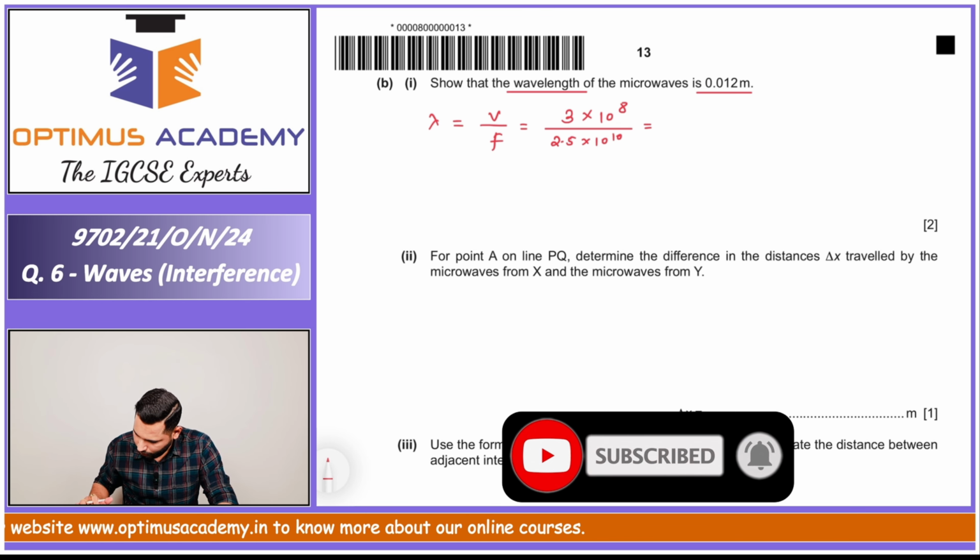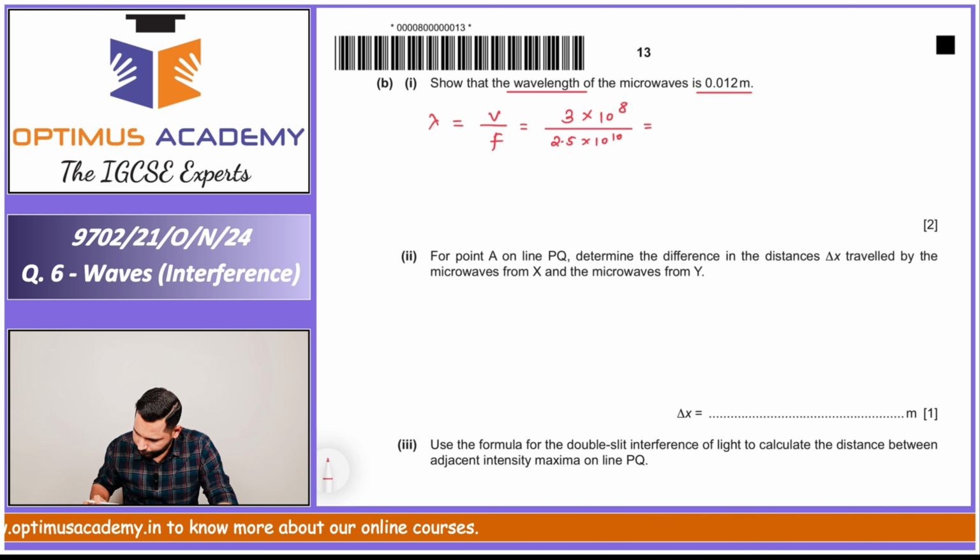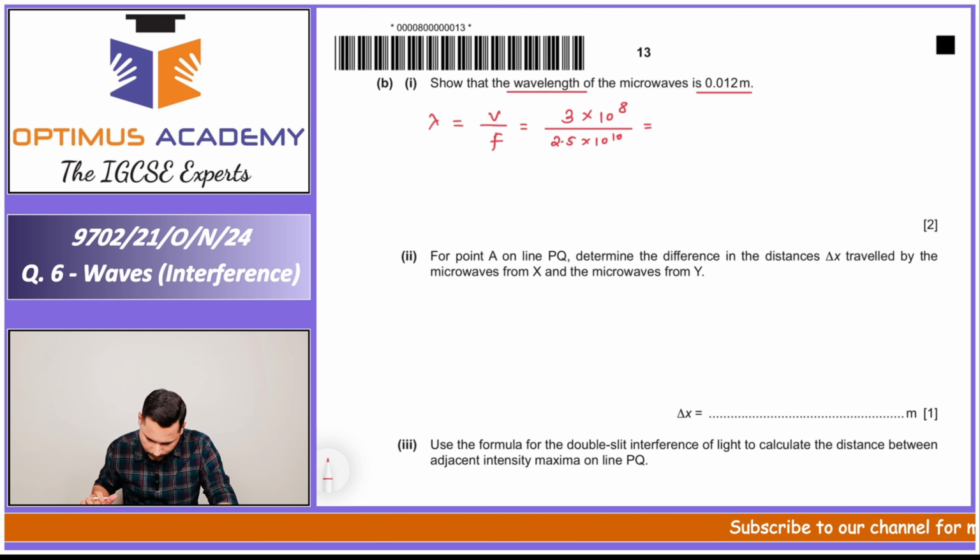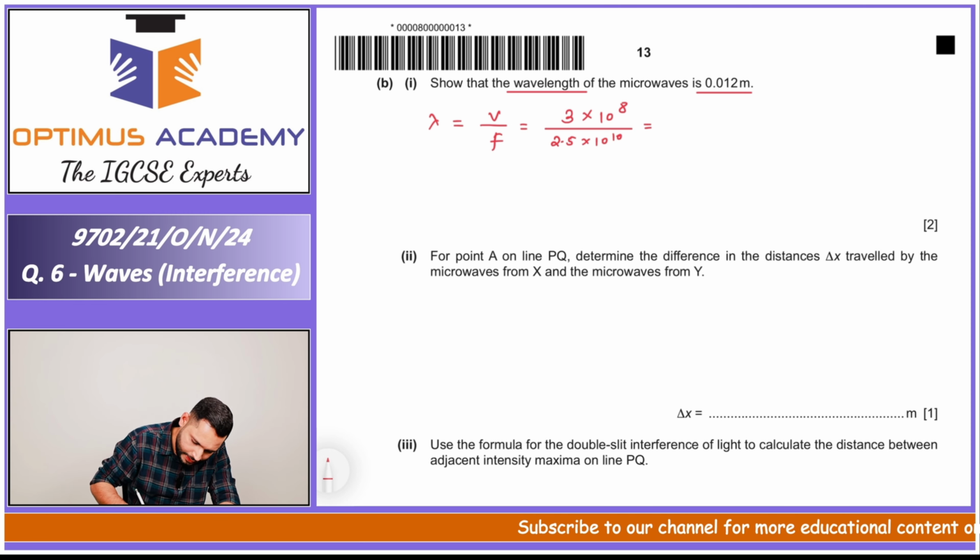So 3 into 10 raised to 8 divided by 2.5 into 10 raised to 10. We get answer 0.012 meter.